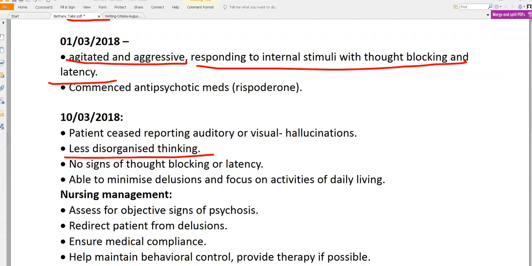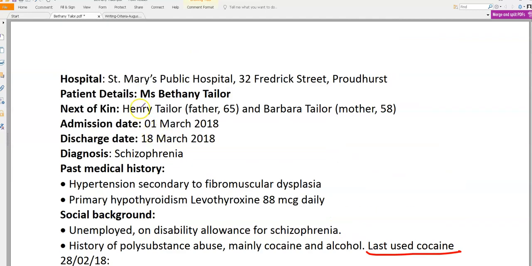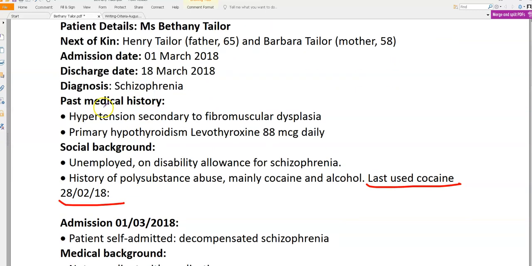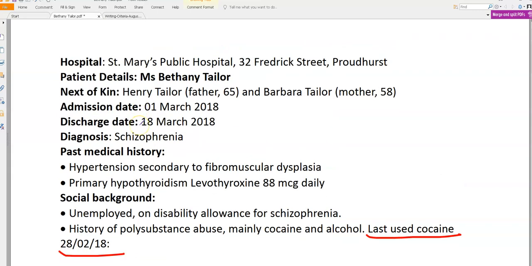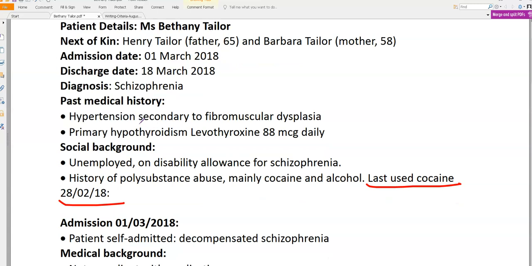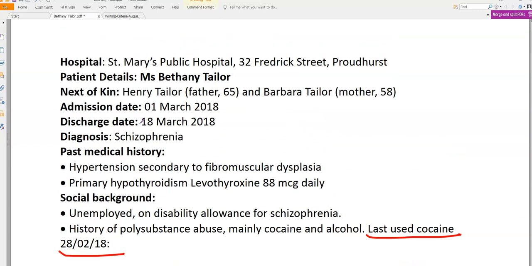Well, I think the GP would actually know that. I think the GP would probably know this. Presumably, this didn't just appear out of nowhere. But again, it's not very clear.